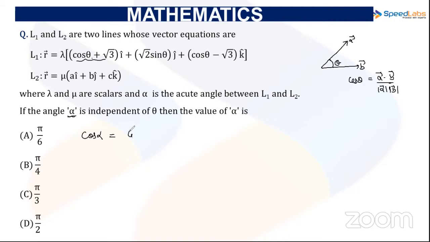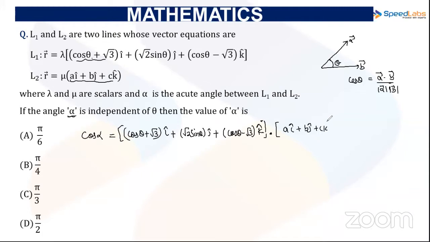It will be (cos theta + √3) i cap plus √2 sin theta times j cap plus (cos theta minus √3) k cap. All right, and this will be vector A dot vector B. So vector B is this vector, a i cap plus b j cap plus c k cap, right?